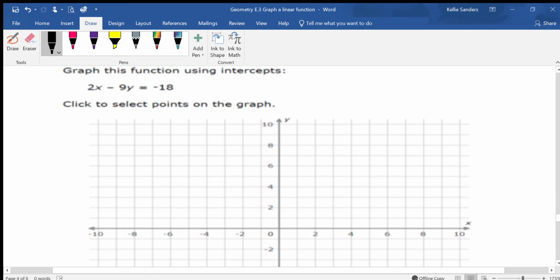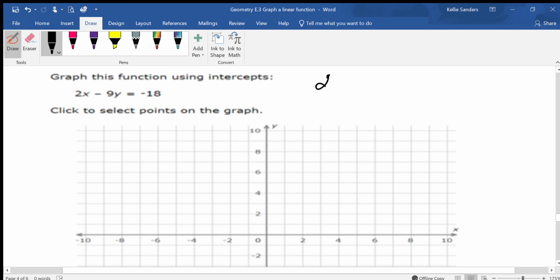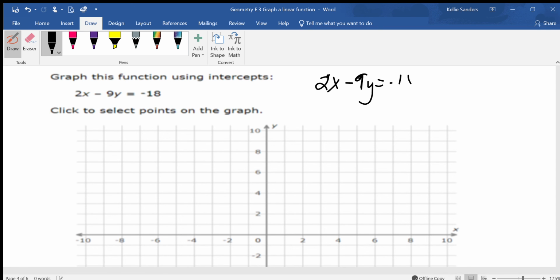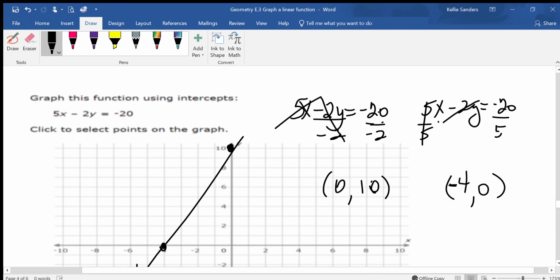One more time for kicks and giggles. Okay. So 2x minus 9y equals negative 18. Now these only work basically because 2 goes into 18 and 9 goes into 18. Not because 2 and 9 make 18, like that last one we just did, but 5 goes into 20 and 2 goes into 20, so that's why I know it would work.